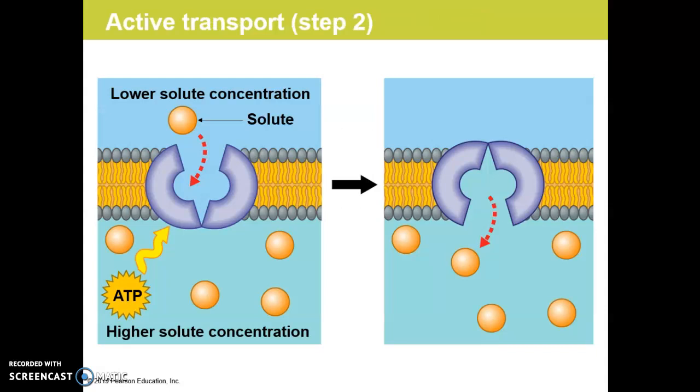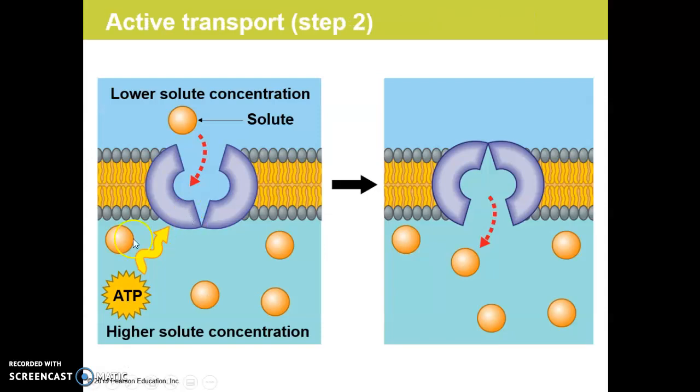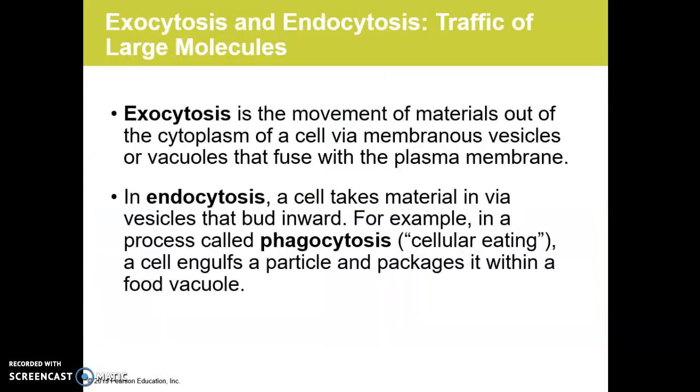Okay, so this is just a picture from the book showing using ATP to move a solute molecule into the cell, even though there's already a higher solute concentration inside the cell. And here it's been moved in, and so that's active transport. It's moving it against the concentration gradient from an area of lower concentration to an area of higher concentration.